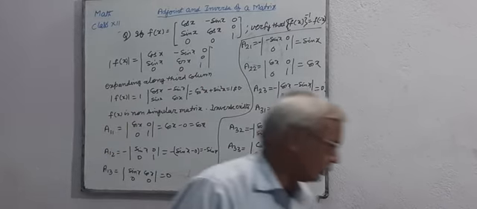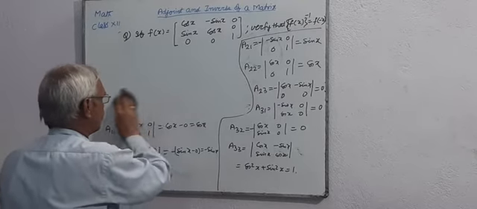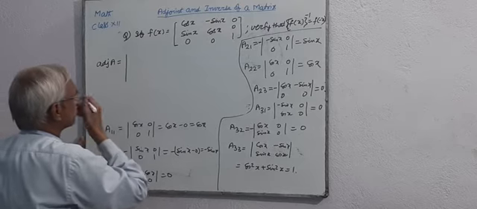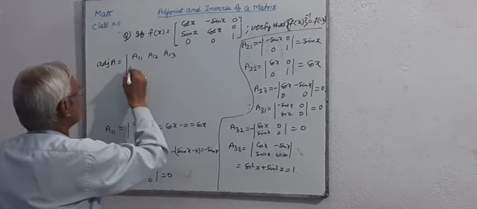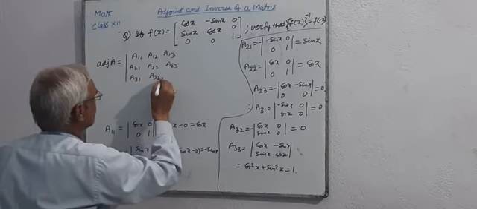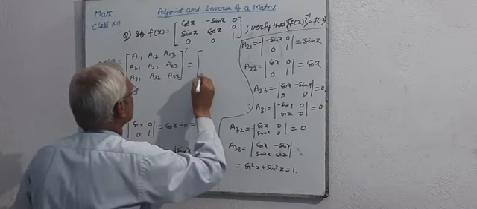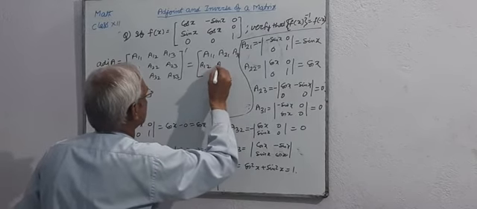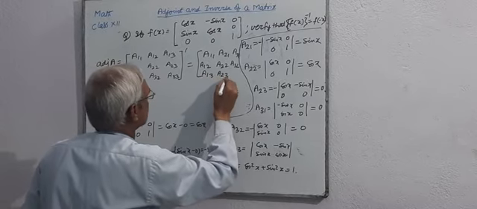Then adjoint A equal to the matrix A11, A12, A13, A21, A22, A23, A31, A32, A33, its transpose, equal to A11, A21, A31, A12, A22, A32, A13, A23, A33.